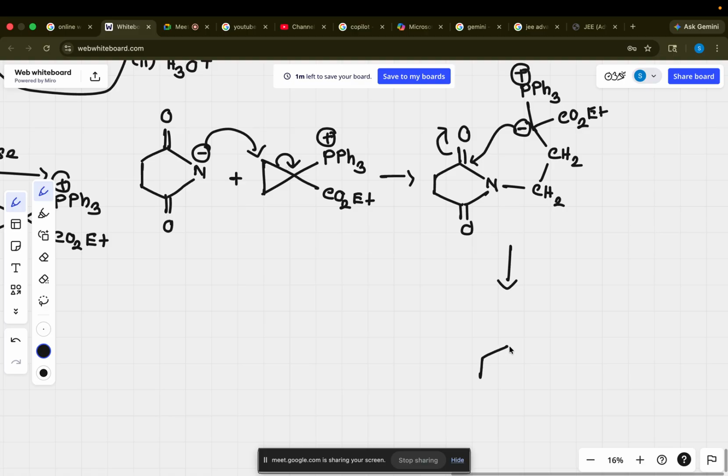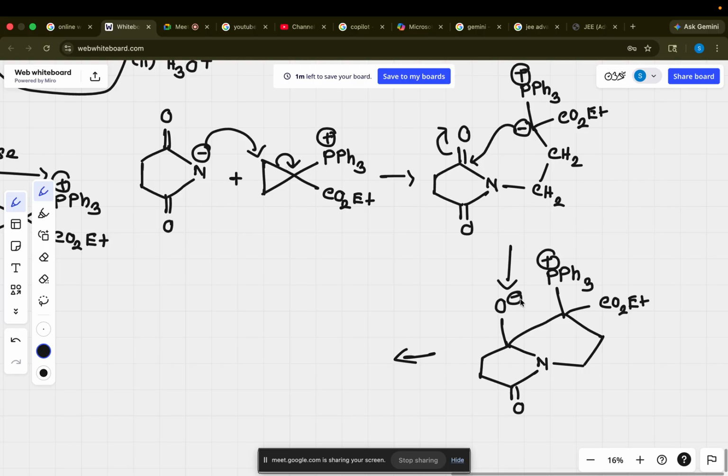So what I am getting, here you have nitrogen, double bond O is there, CH2, then again CH2, and next you have this carbon center. Now it is attacking here, so that means 1 2 3 4 5 membered ring you are getting again. Here you have CO2Et, and this side you have PPh3 plus, and here you are getting O minus.